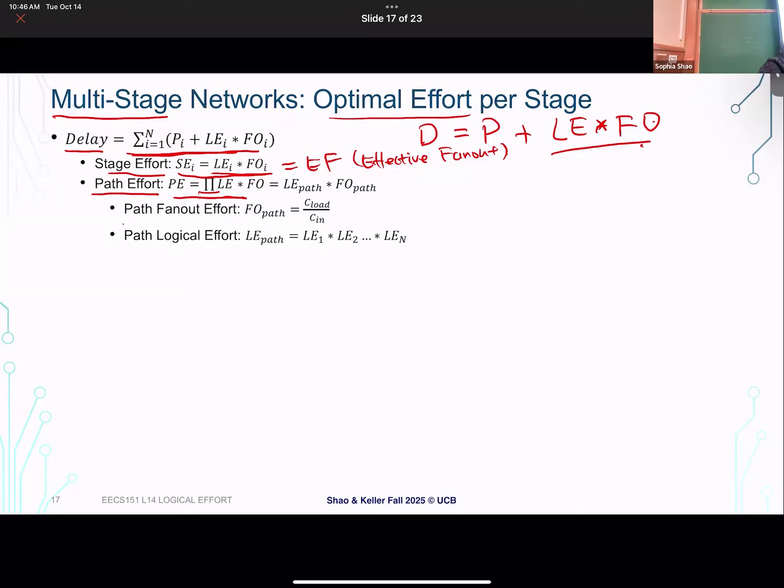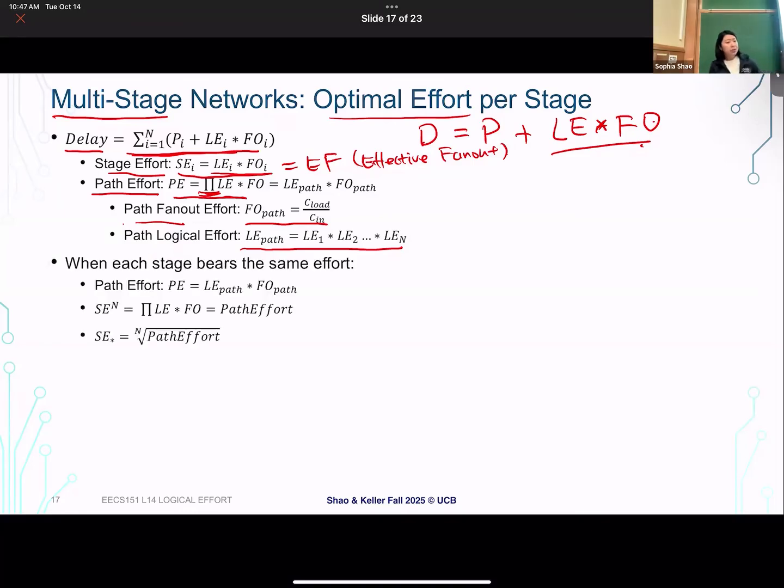So you can also rewrite it with the overall path fan out, which is the ratio between the load and my input capacitance, and the overall path logical effort, because we're talking about the product, right? You can put all the logical efforts together as a product. That's basically the path logical effort. So far, we're not introducing any new concept. It's just different terminology, different terms people use to do the approximation.